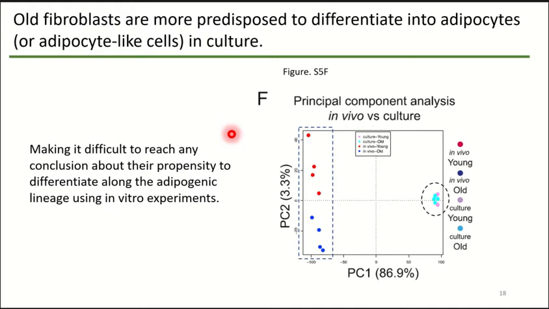This in turn impedes the analysis of whether the adult dermis still contains these lineages. So we test whether old fibroblasts are more predisposed to differentiate into adipocytes in culture.